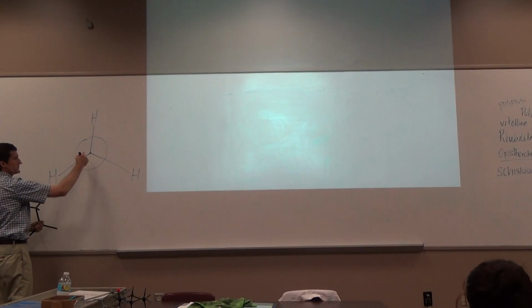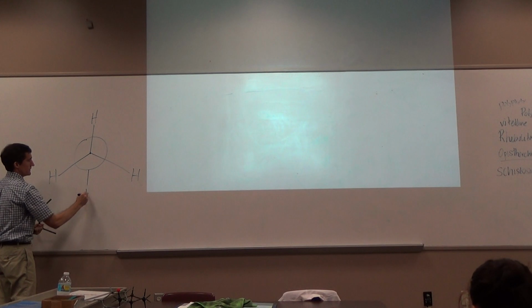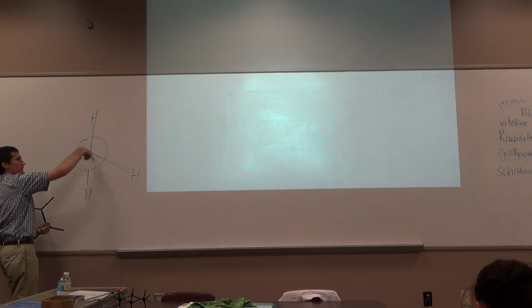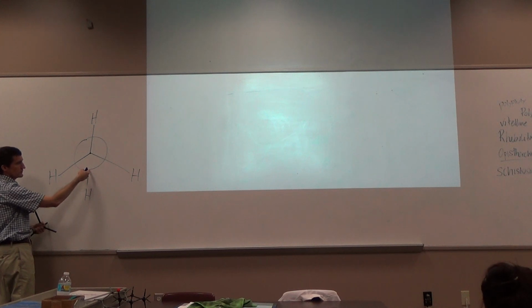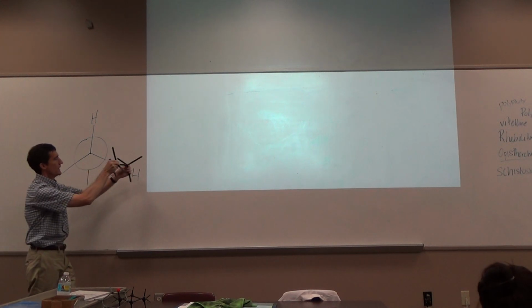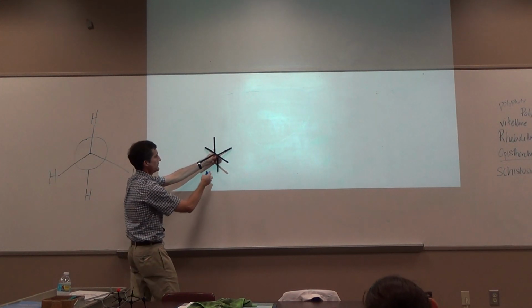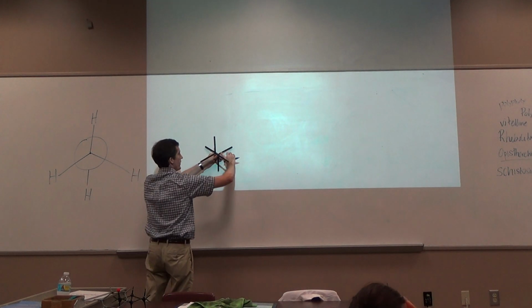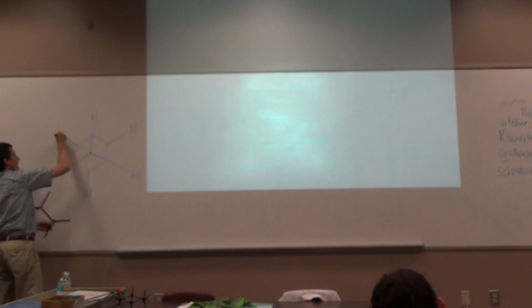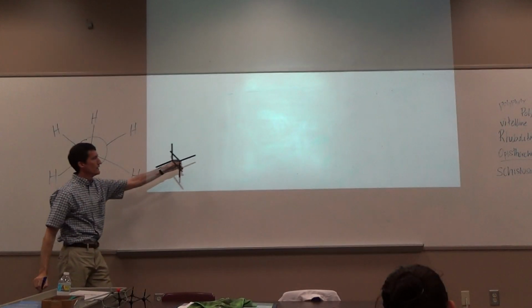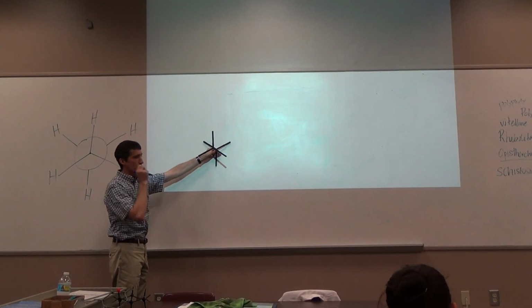What we're going to do is we're going to draw the back bonds from here. This is sort of obscuring that in the back, and the back bonds come off of the circle here. So in the back you got one straight down, you got one here, and you got one actually here. There it is on the board.